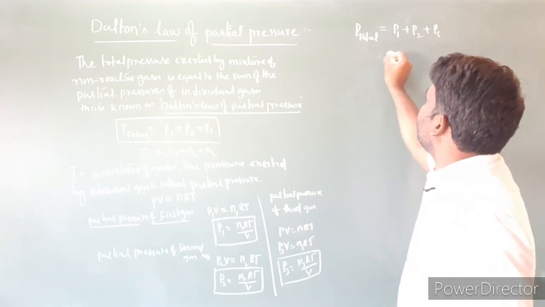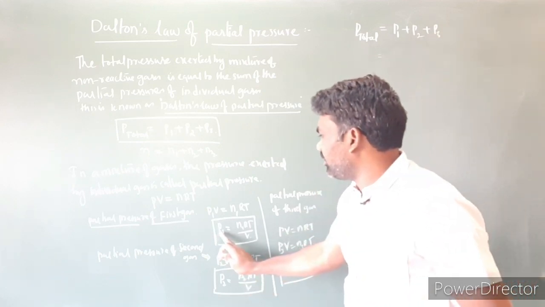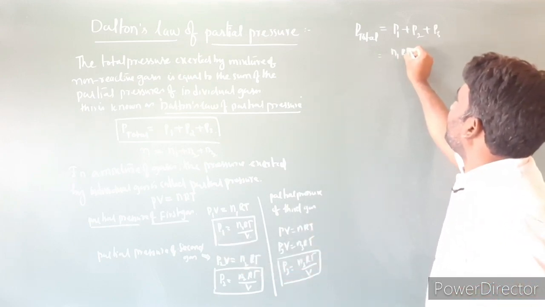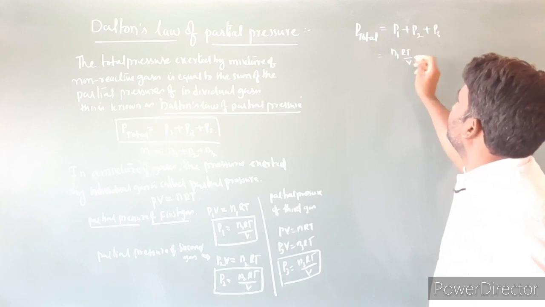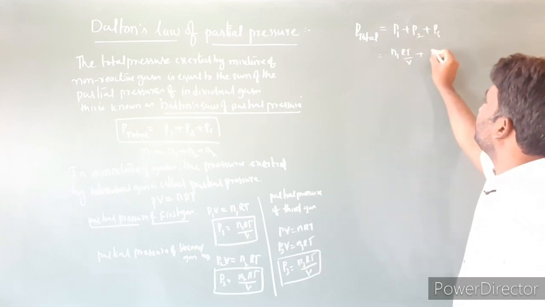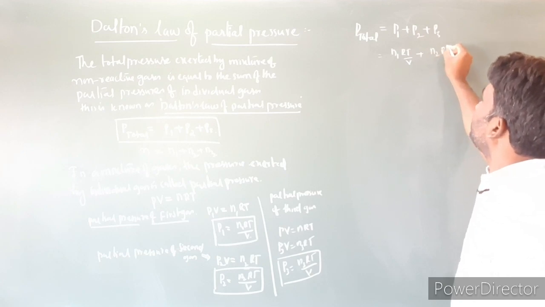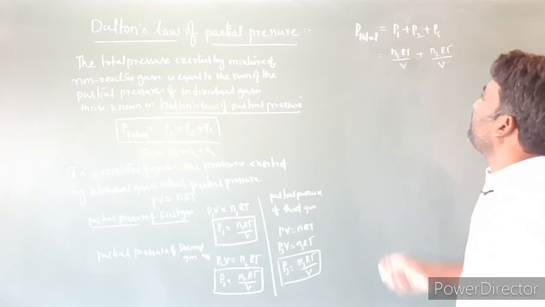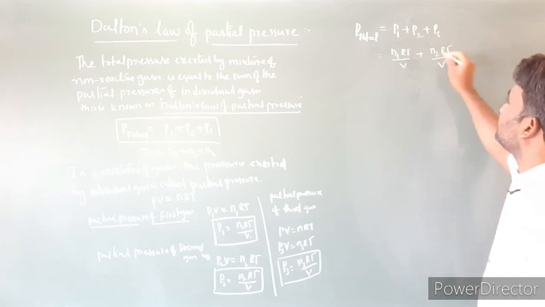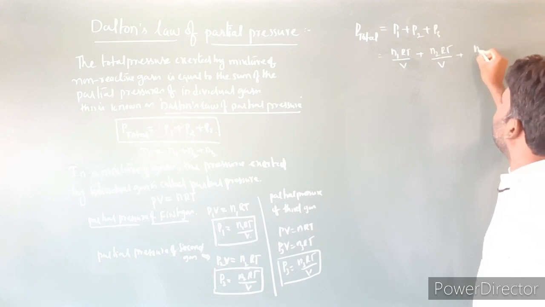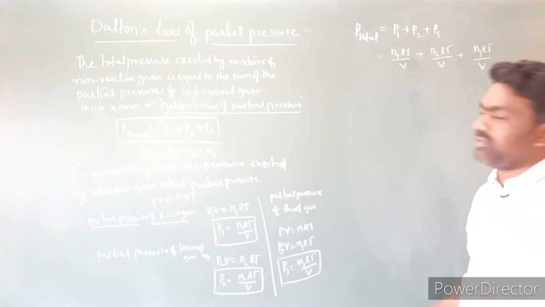Then P total is equal to N1RT by V plus N2RT by V plus N3RT by V.